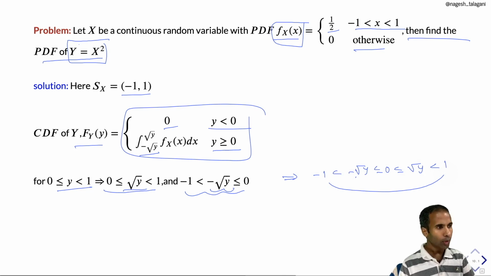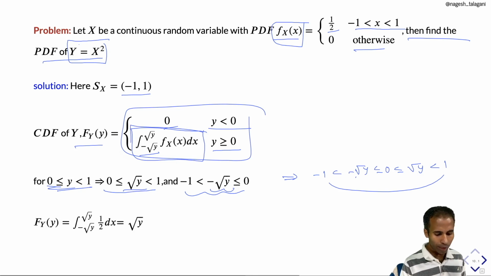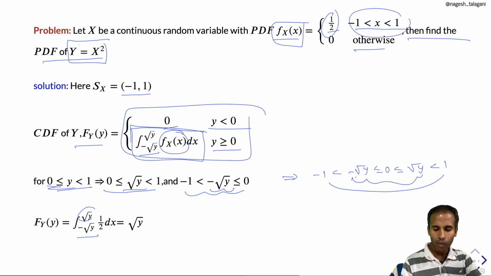Okay, so in that case, as y is greater than or equal to 0, we have to use this integral to find out CDF value at y. So Fy of y is going to be the integral from minus root y to root y, but I'm going to use f of x equal to 1 by 2 as minus root y and root y are between minus 1 and 1.